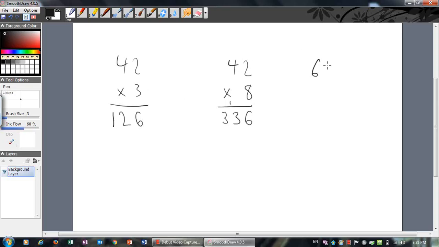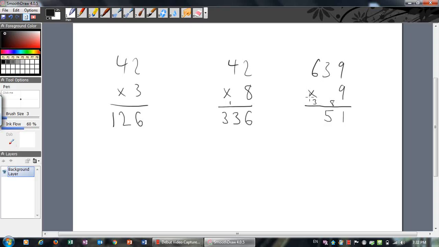So let's do 639 times 9. Let's do that. Seems like it might be a bit more complicated. Let's have a look. Short multiplication, 9 times 9, 81. 3 times 9 is 27, but remember we need to add the 8. 27 plus 8 is 35, so we write the 5 here and carry the 3.